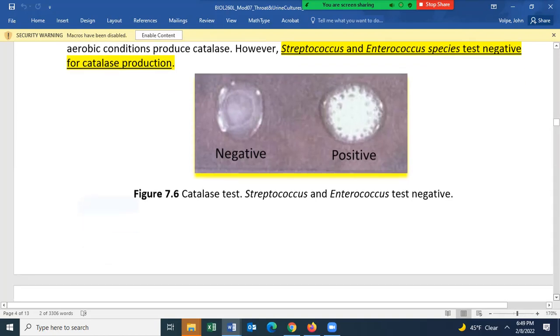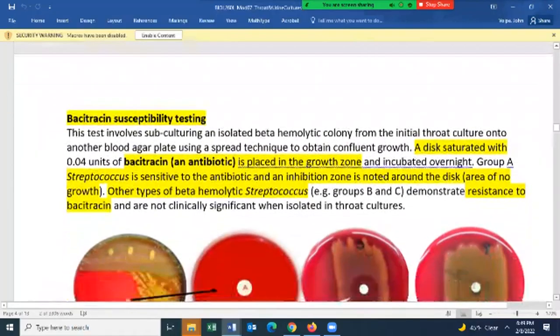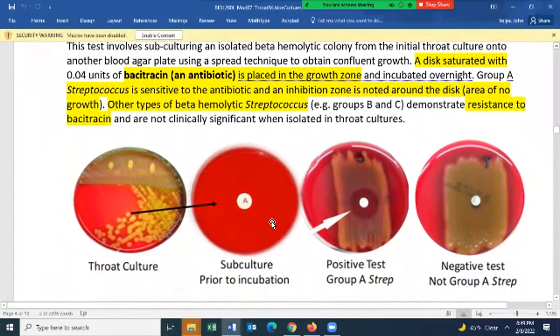We then do the bacitracin test, and there we take the throat culture and then plate it on another blood agar plate, and then put a bacitracin disc on the plate.